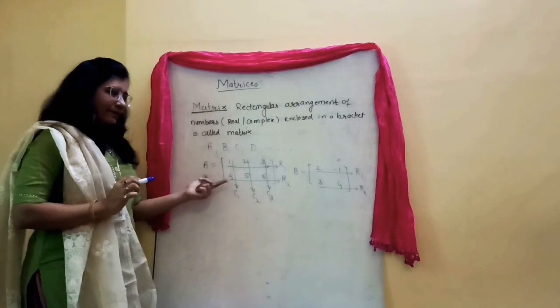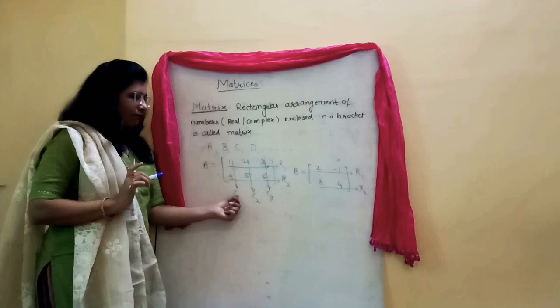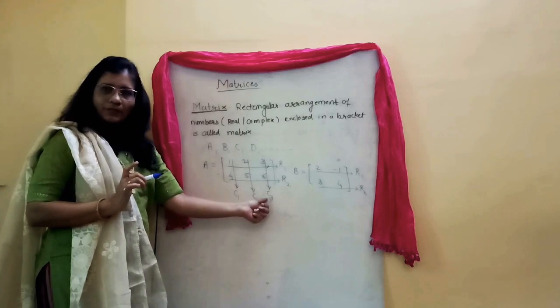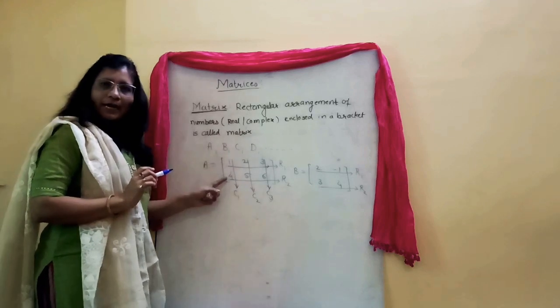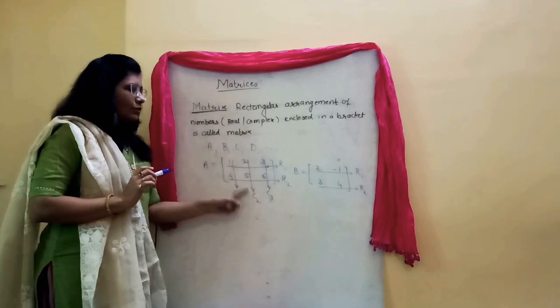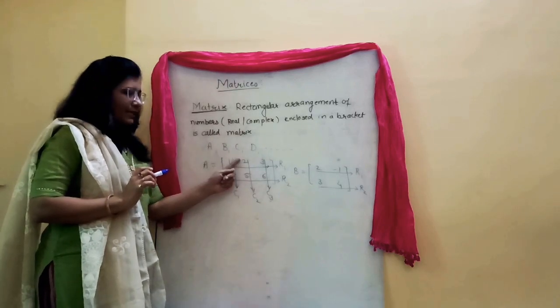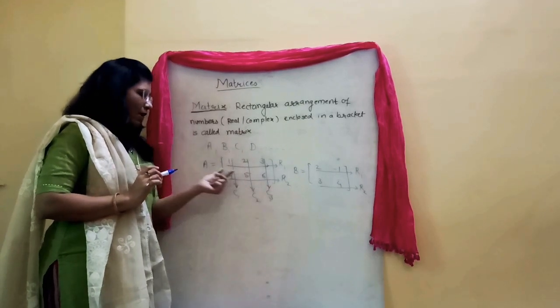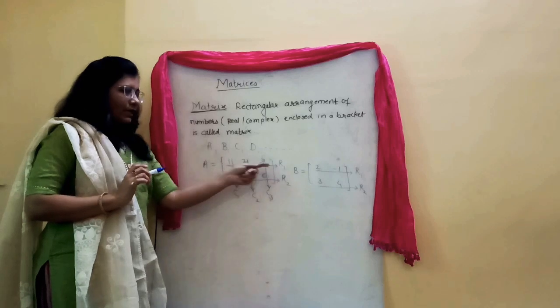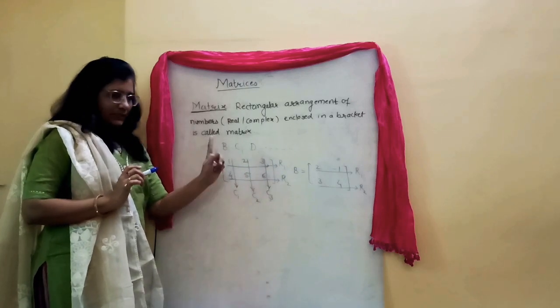So, in this matrix, there are 3 columns. In column 1, which 2 elements are there? 1 and 4. In column 2, there are 2 elements, that is 2 and 5. In column 3, there are 2 elements, that is 3 and 6.